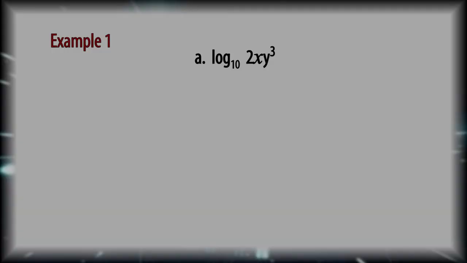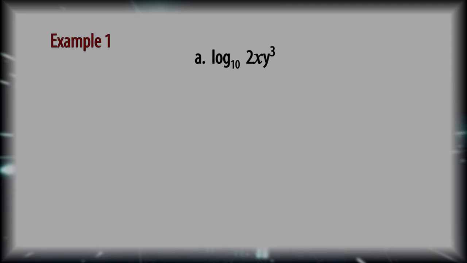We want to use these rules to express the following as a sum of logarithms in their simplest form. So the first one, we have log base 10 of 2xy cubed. Remember, we're going to use the rules we have learned.